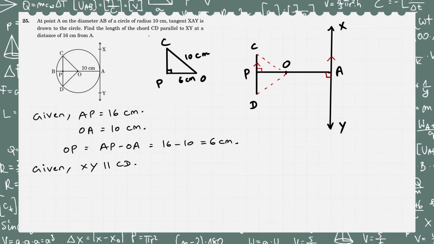So I need only one right triangle currently. So I am taking CPO right triangle, and we know OC is the radius, right? Because C is a point on the circle, O is the center of the circle. So OC will be the radius, which is always 10 centimeter given. OP is length, just a while ago we found it, that is 6 centimeter. And CP is the missing side of the right triangle, which we can always find using the Pythagoras theorem, right?